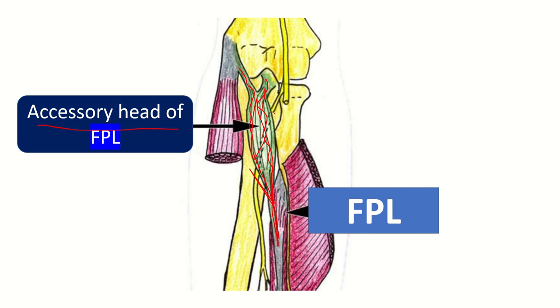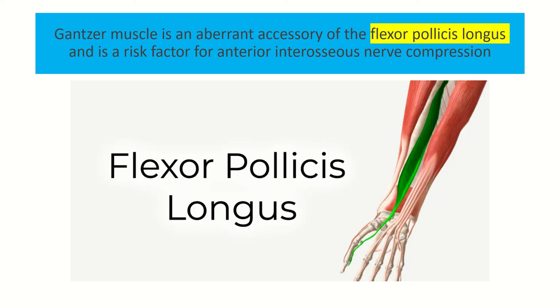So this part is the accessory head of flexor pollicis longus, also called Gantzer's muscle. We can see a nerve going just below this accessory head, and this nerve is entrapped due to pressure of this extra head, and this nerve will be affected.